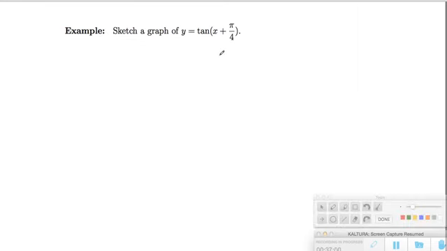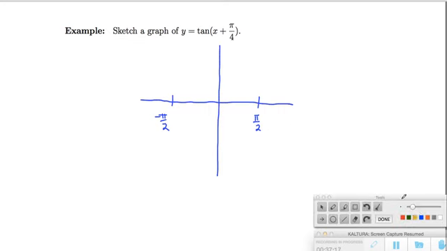So, graphing this, remember that on the tangent function, previously our vertical asymptotes would have been at pi over 2 and negative pi over 2. But here we're asked to shift left pi over 4 units. Shifting left pi over 4 is going to put the new vertical asymptote at pi over 4, and this one will shift to negative 3 pi over 4.